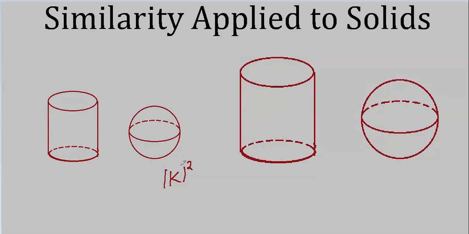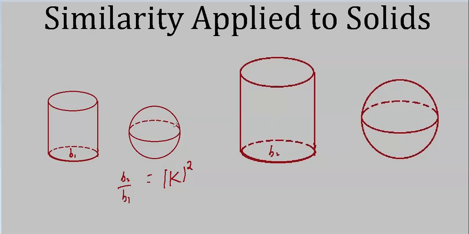And that'll give us the ratio of, for instance, the base in this cylinder and the base in this cylinder. B1 over B2, say. We'll call this B1 and B2. Well, the ratio of that, let's say k is greater than 1, so we'll put the large one on top. That's k squared.